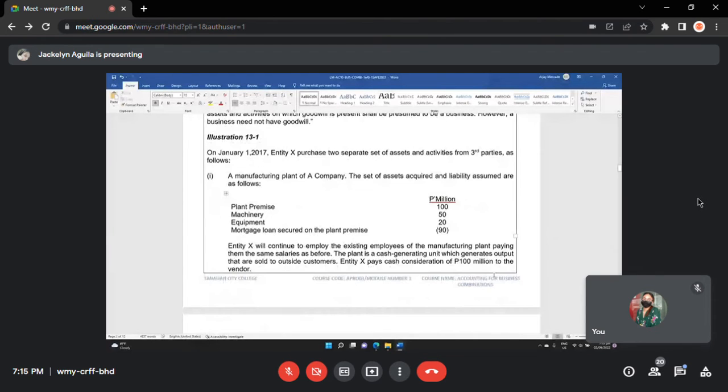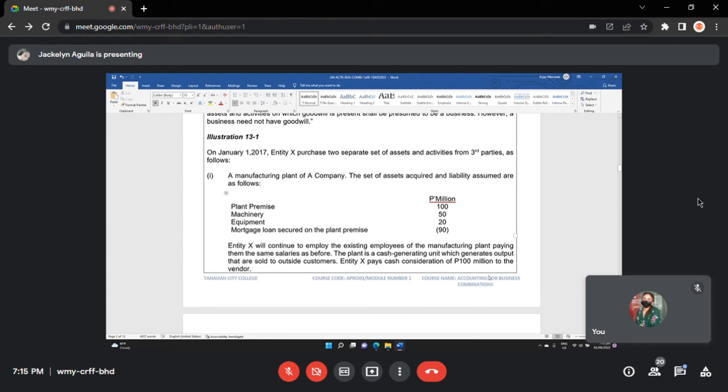Illustration 13:1. On January 1, 2017, Entity X purchased two separate sets of assets and activities from third parties as follows. First, a manufacturing plant of a company. The set of assets acquired and liability assumed are as follows.